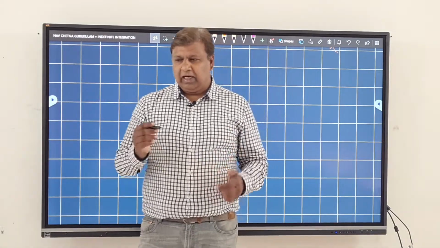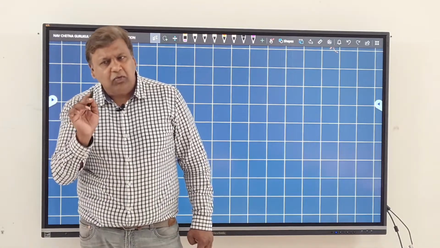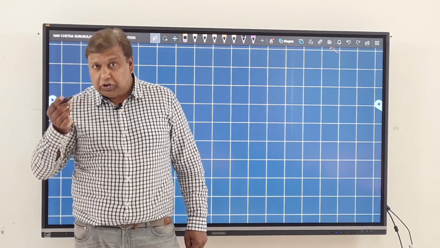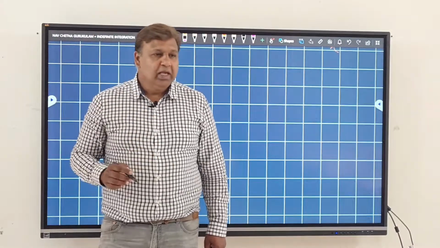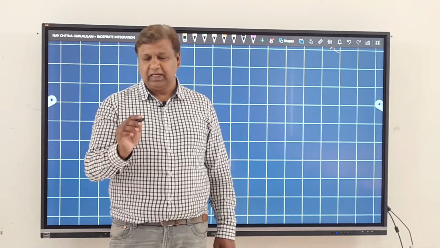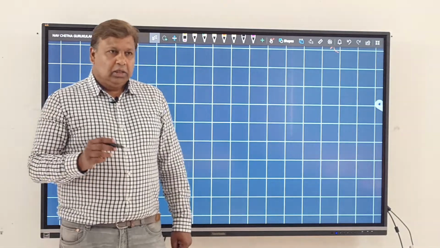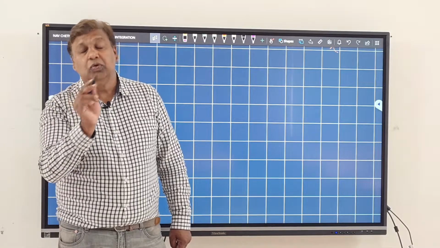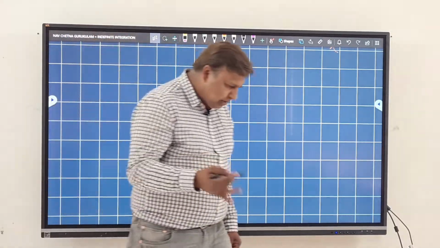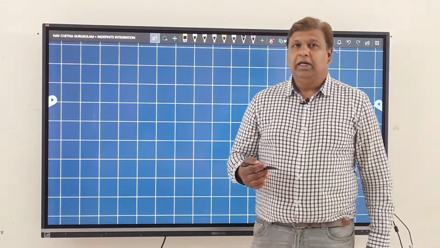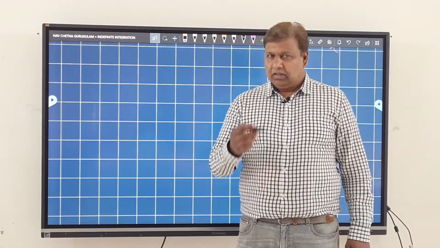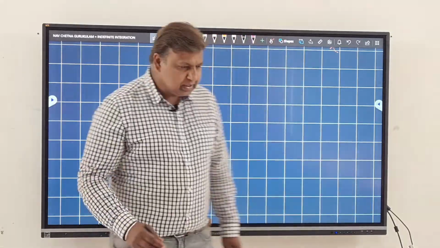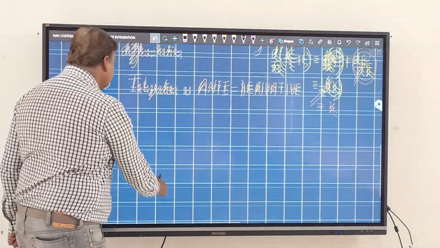If I have to specify in what way they constitute a family, it is that at a given abscissa x equal to x1, the tangent to all those curves will have the same slope. Repeat, sir. It is that for the family of curves, if I draw an abscissa x equal to x1, I hope you understand. I'll exemplify here itself.